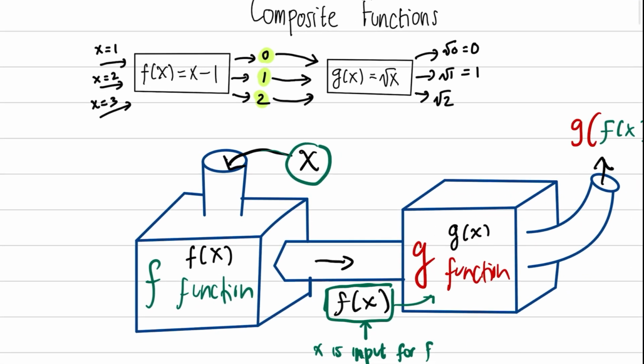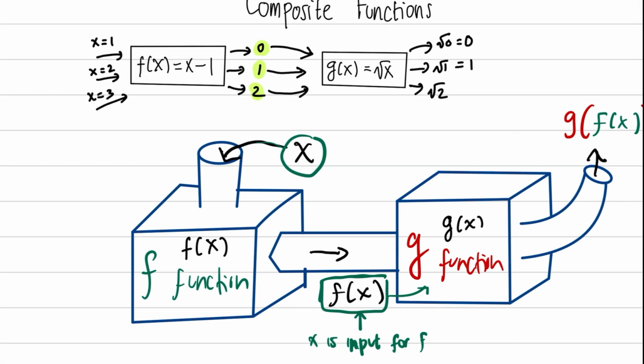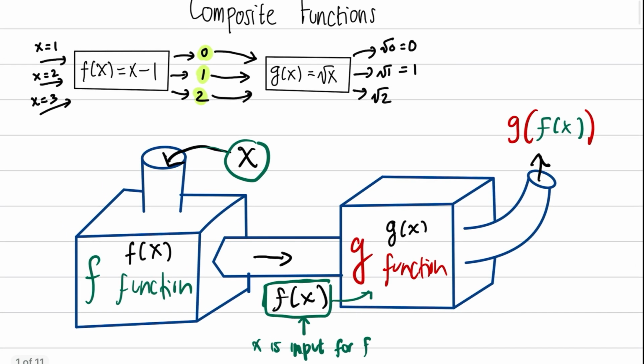This is a condition where we combine two functions together. So let's imagine these two functions as two separate machines, but we combine them into one machine. This is our f(x) and this is our g(x). So the first function is f(x), so we put in our input, which is the x values. We put it into f and we process it, and then you will get the output, which is f(x).